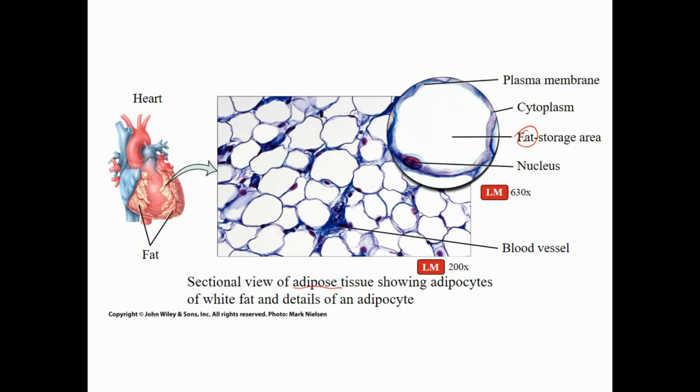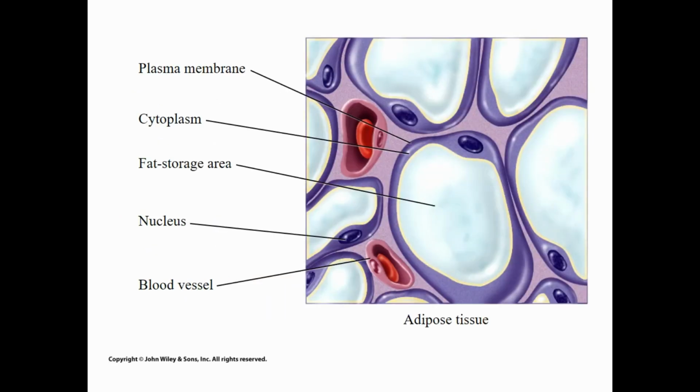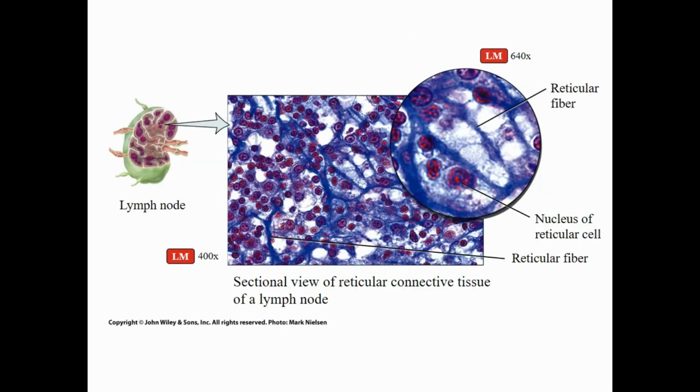This is the tissue that stores the substance of fat. So this cell is one cell in the type of loose connective tissue that is known as adipose connective tissue. And now here's the artistic version. So this cell would be full of fat, and this tissue that stores the fat is adipose tissue.